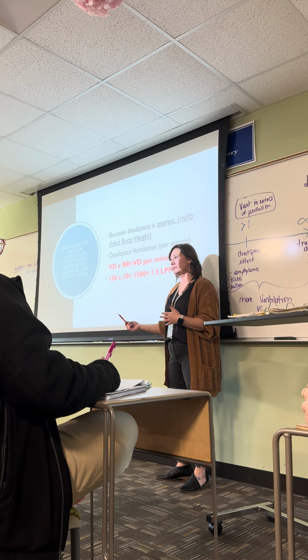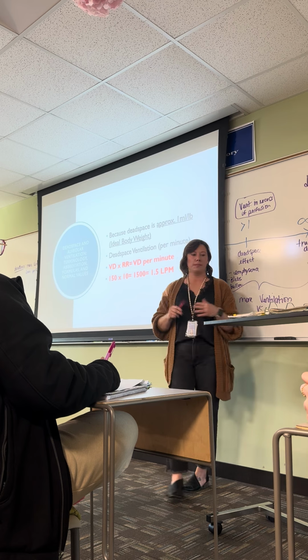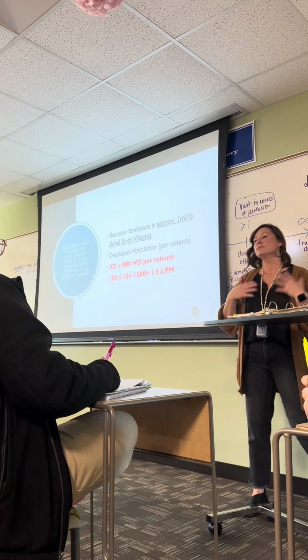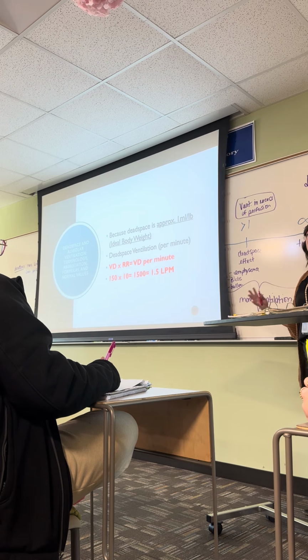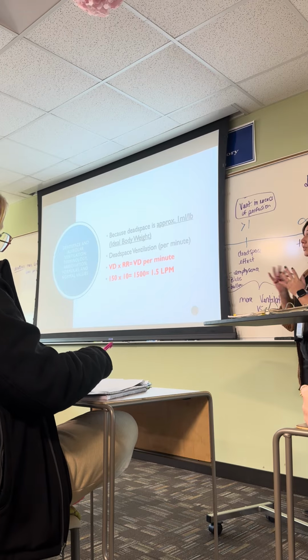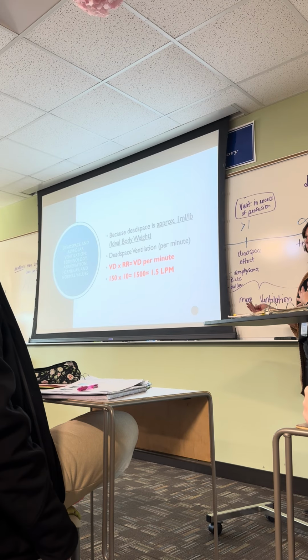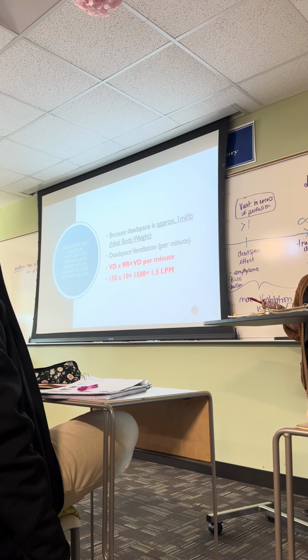I know you're like, why do I care about that? We care about it a little bit because if we have an increase in dead space, the ventilation is going to change a little bit. So we have to understand that.